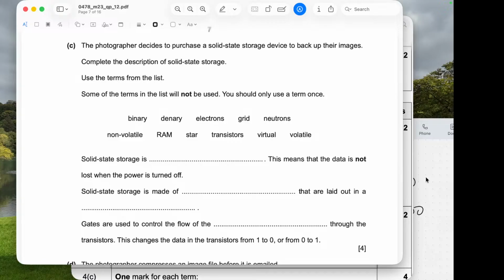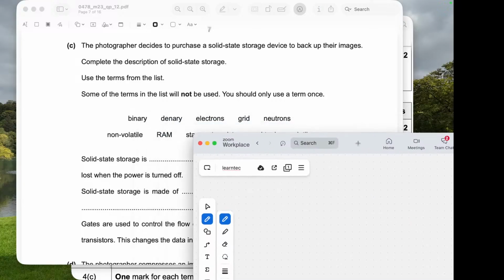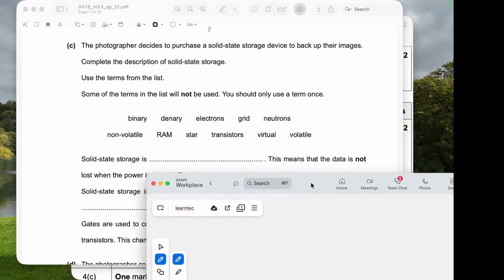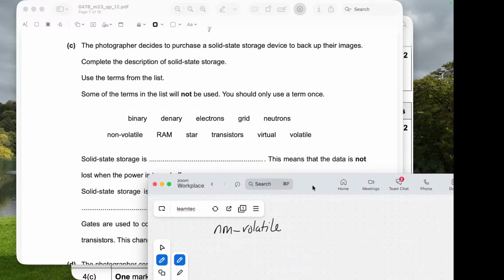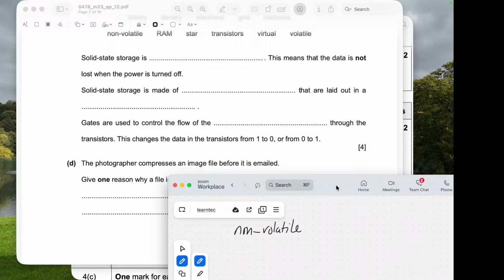Anyway, the first one, solid state storage. I'll put these in separately here. Solid state storage is non-volatile. That's the first one. That means the data is not lost when the power is turned off.